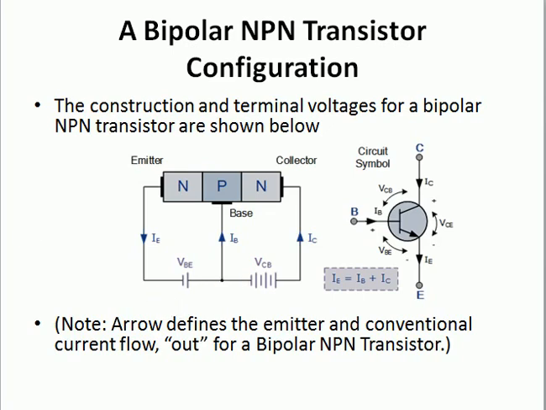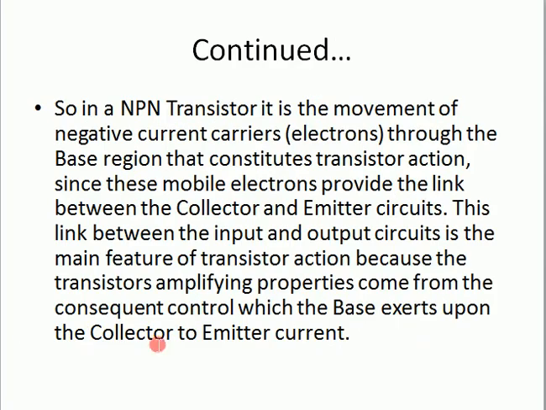So these are the operating regions of a transistor, and that's why we say the transistor action depends upon the junctions. The two junctions present in the transistor decide whether it will act as an amplifier or as a switch.